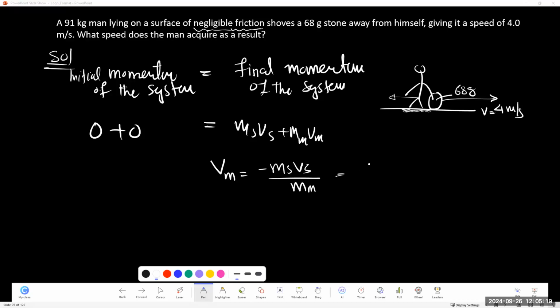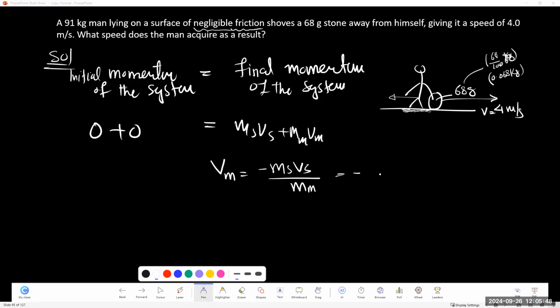I'm going to substitute the value 0, with minus sign, 0.68. It's in grams, so I need to convert it to kilogram because that's my MKS system. You can write 68 divided by 1000 to convert it to kilogram. So the answer would be 0.068 kg.